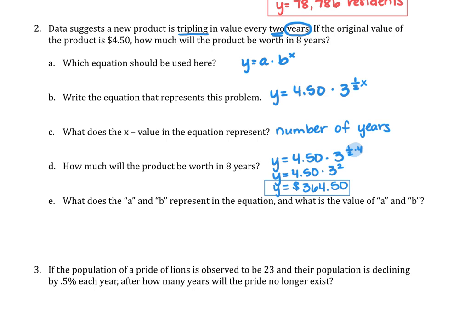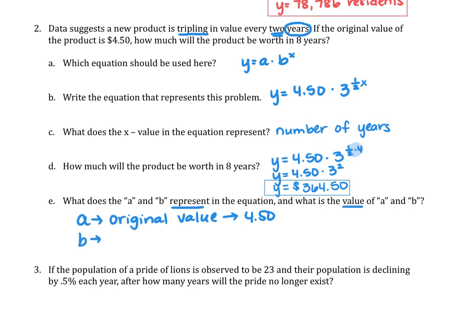It says, what does the A and B represent in the equation and what is the value? So you should have 2 answers. What does it represent and value? Well, A represents the original value, and the value was $4.50.